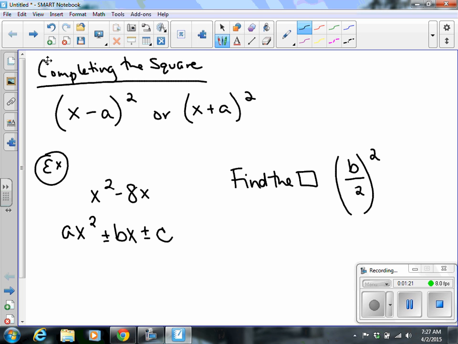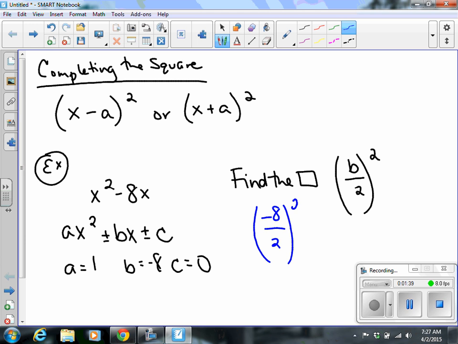Looking at our problem, a equals 1, b equals -8, and we don't have a c, so it's just 0. So I'm going to complete the square using that -8. So I have -8 over 2. I'm going to square that. Well, we know -8 divided by 2 gives me -4. -4 squared is 16. 16 is the square to that problem.